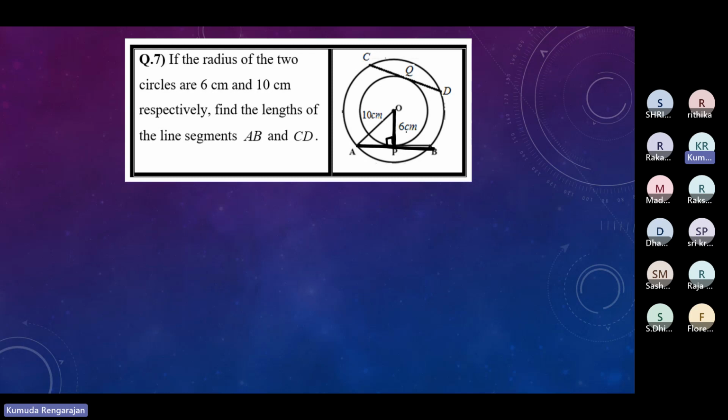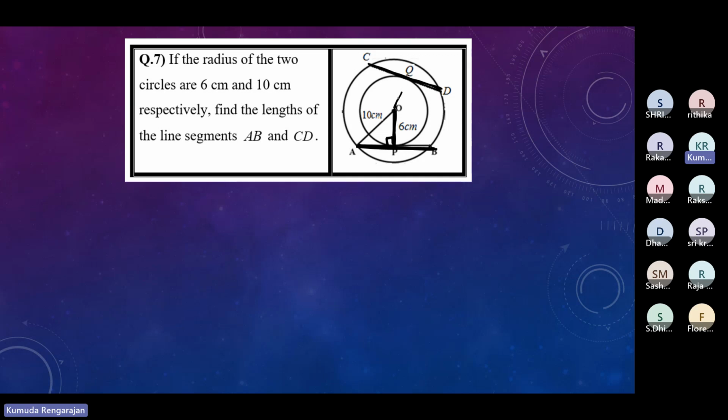Distance always means perpendicular distance. What is the distance of the chord AB from the center of the circle? 6 centimeters. What is the distance of this chord CD from the center of the circle? Distance means perpendicular distance.